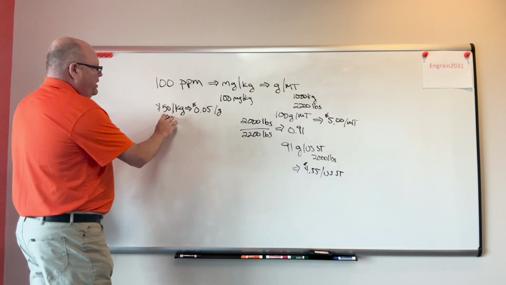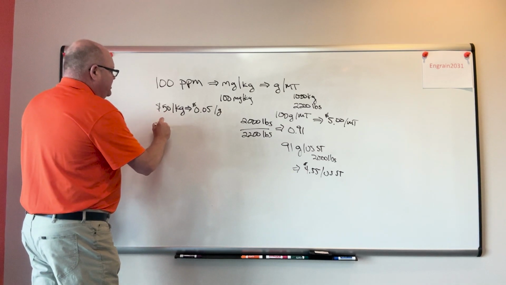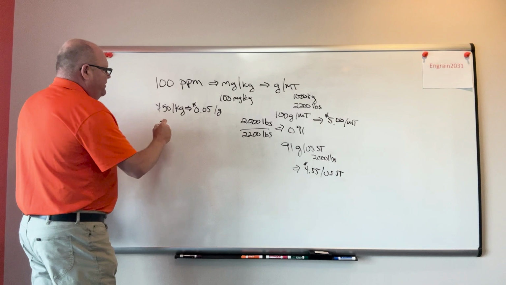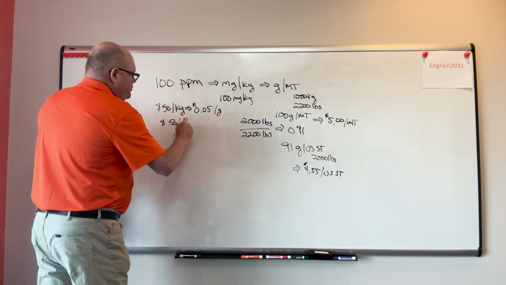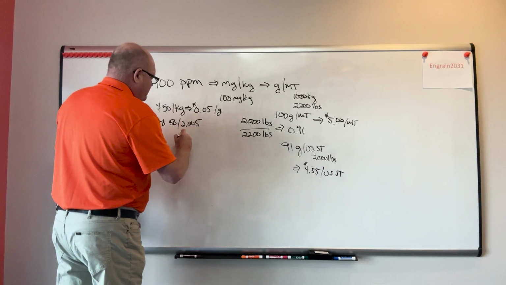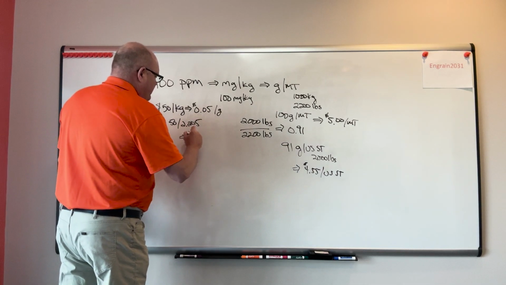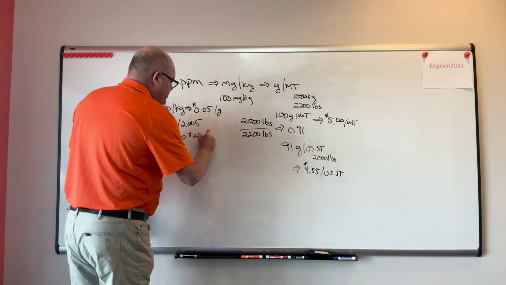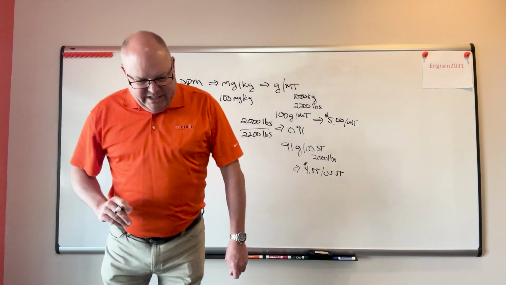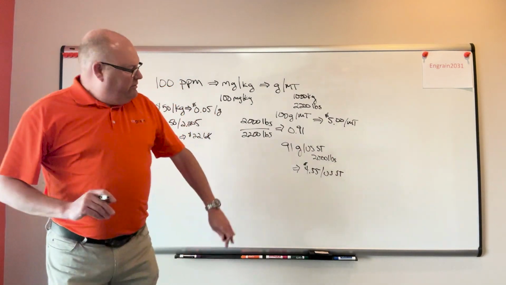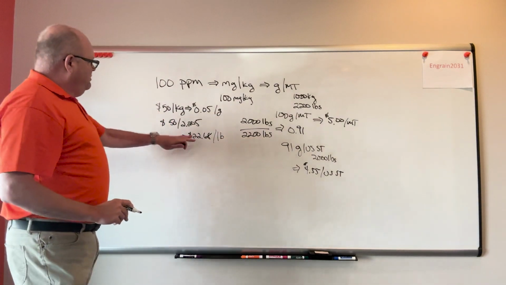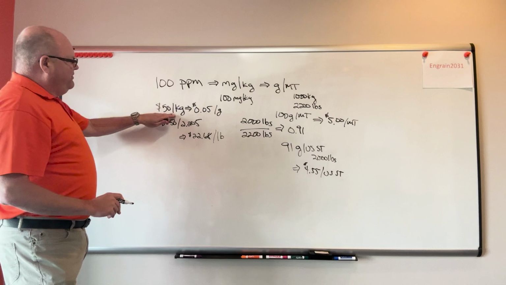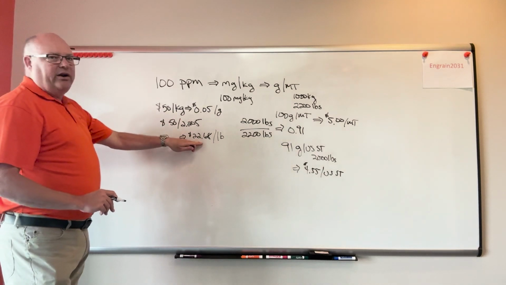Now if we haven't done this already, and we're not thinking in metric terms, we might want to know, well, what's this in a pound? So if we take 50 divided by 2.205, that gives us 22.68 as the price per pound. So $50 a kg is the same as $22.68 per pound.